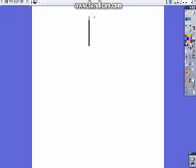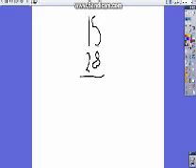If you have, let's say, 15 times 28, if you multiply 8 times 5, you would get 40, but you wouldn't write 40 down. This would be incorrect. You would just write the 1's place, so 0. But then you would put the 4 up here.